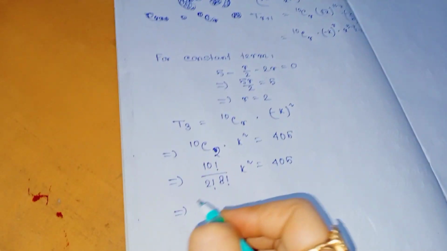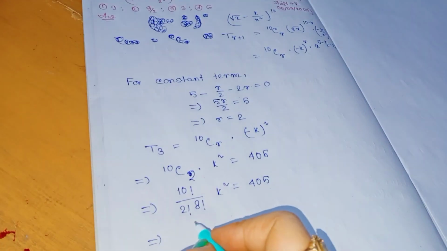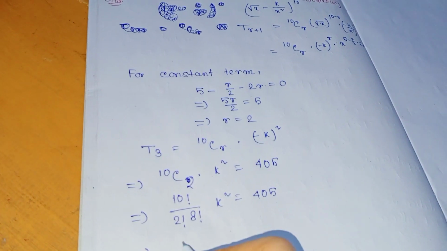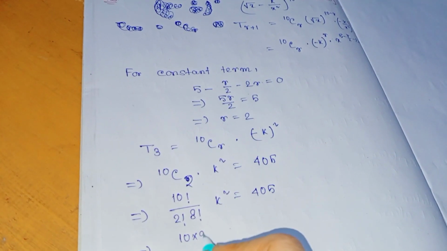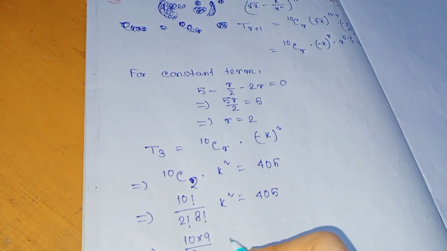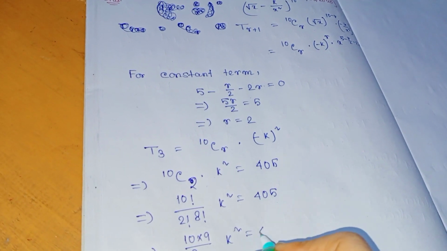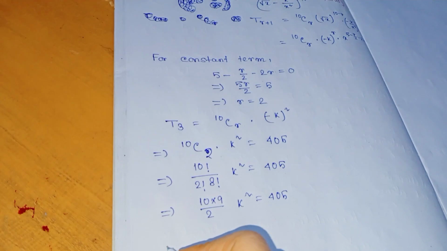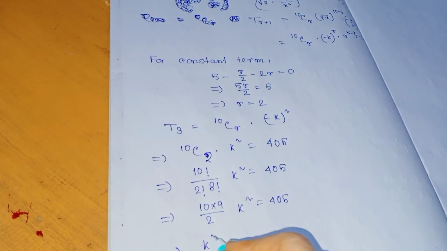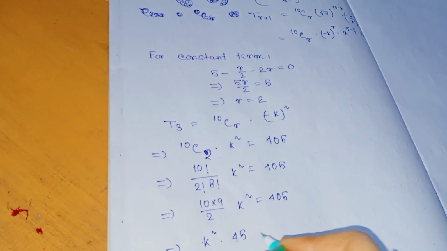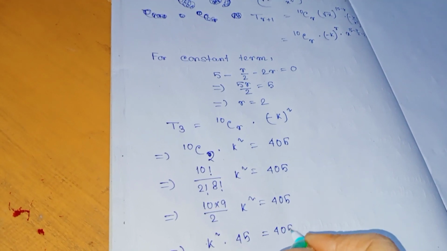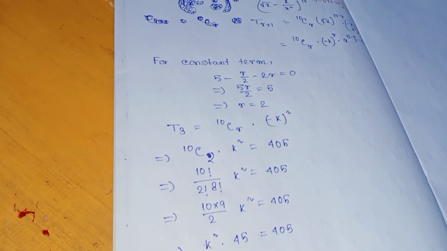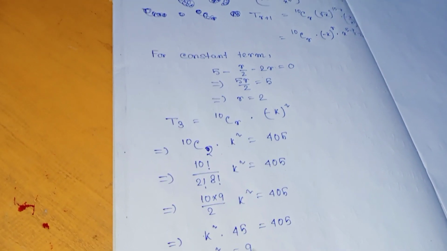That implies 10 into 9 divided by 2, into k square, is equal to 405. So here we get k square into 45 is equal to 405. That implies k square is equal to 9.